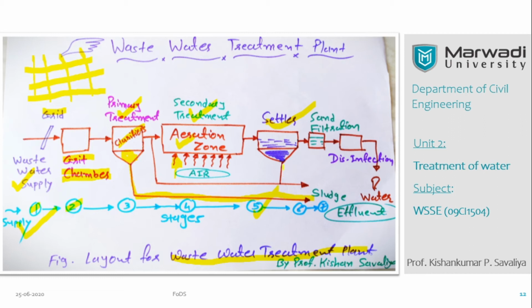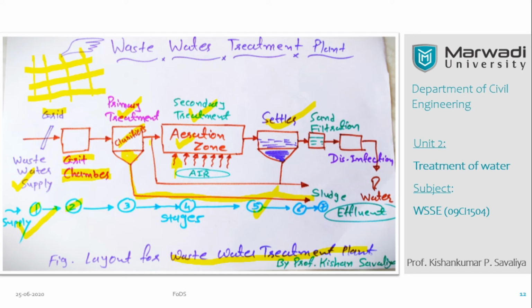After that, some solid particles are collected at the bottom of the tank, which we remove by a pipeline system, and that is called the sludge. We are removing the sludge from three places. Number one, from the clarifier, where the sludge is collected and dumped into the site. Second, from the pipeline between the primary treatment and the secondary treatment.